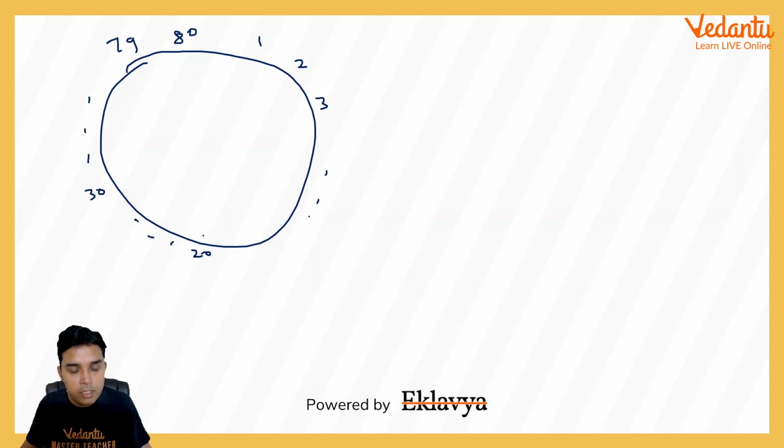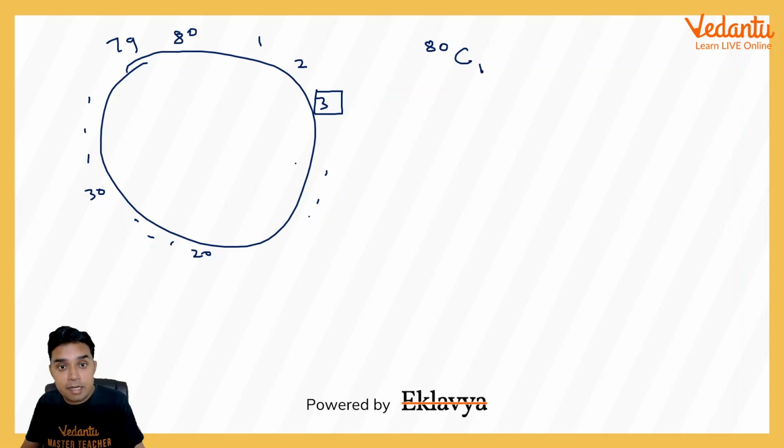Let us assume that we are selecting the first element from any one of these 80. This can be done in 80C1 ways. Let us assume we selected 3. You can select any one of them. Now, once 3 is selected, you cannot select 4, you cannot select 2. And after that, we still have to select 4 more elements from 77.